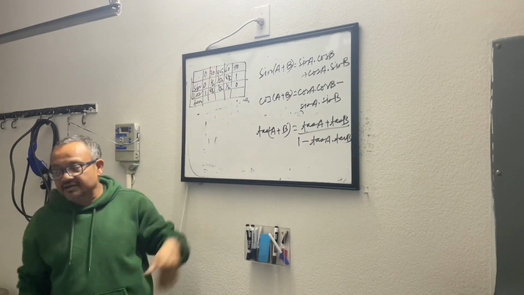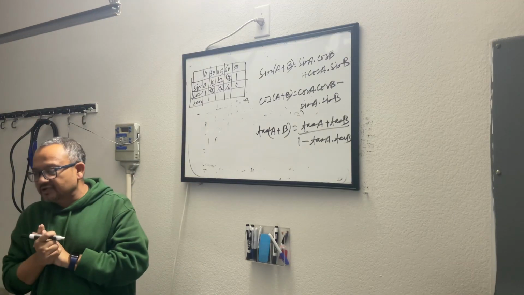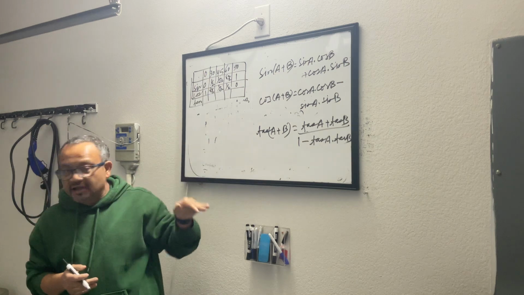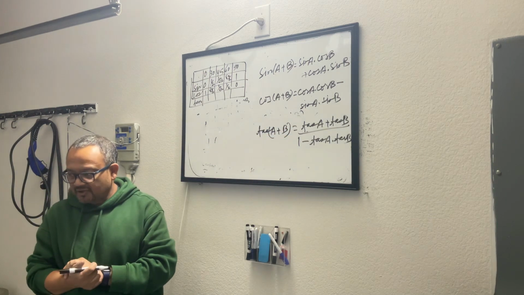So we got three generic formulas. So when you have two angles and you have to find out the sine, cosine or tangent of the sum of the two angles, this is what becomes our way to solve it.